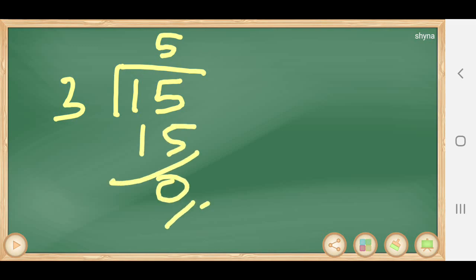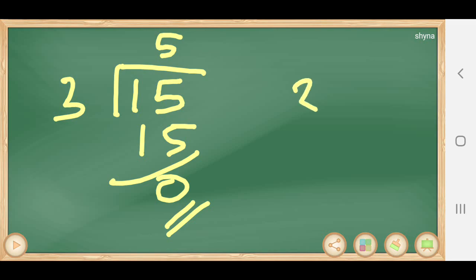I am getting the remainder 0. That means 3 is the exact divisor here. Because when I am dividing with the factor, I am not getting the remainder. Remainder is 0. That means here 3 is the exact divisor of 15.